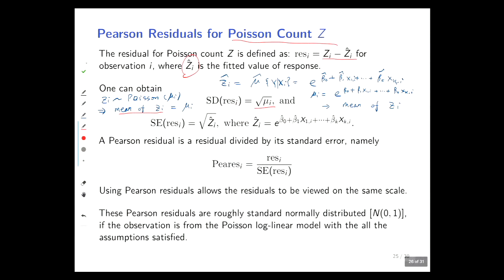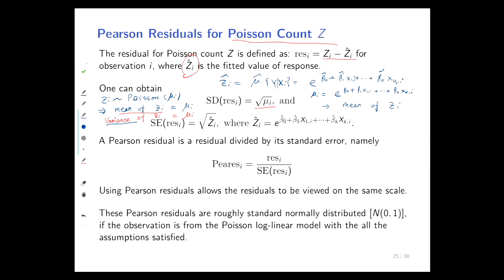Another property of the Poisson distribution is that the variance of zi also equals mu. How to compute the variance? If we can compute the mean, we can also compute the variance. It's also something in STAT 1008 and STAT 7055.